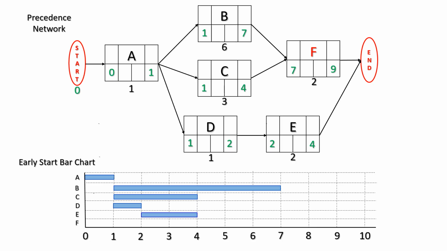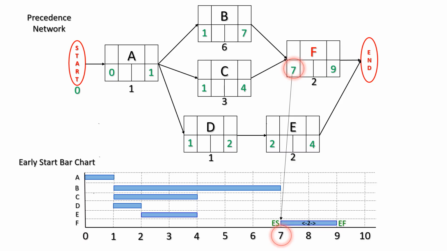So the early start of 7 plus the duration of 2 will give us an early finish of 9 for activity F. And focusing on the early start, we realize we can start our bar on the bar chart below at the earliest at time 7, and then draw a bar for the length of the duration, which is 2, and we will end up at 9, the early finish.